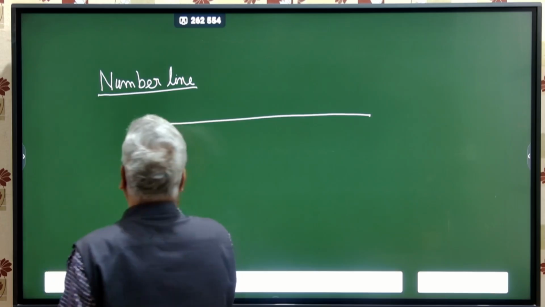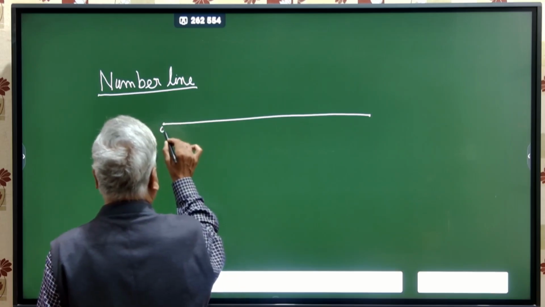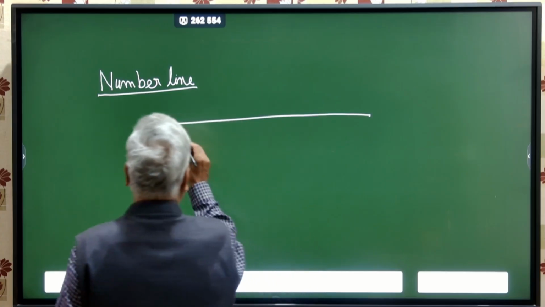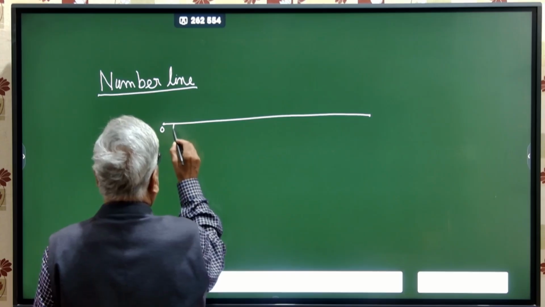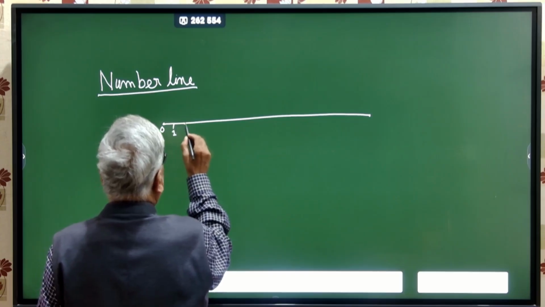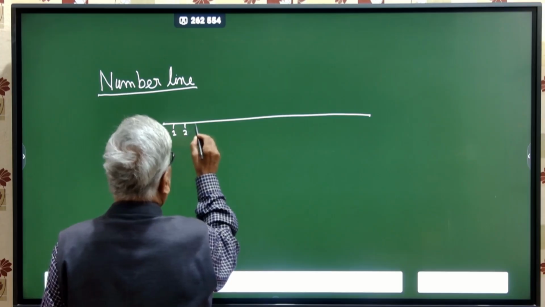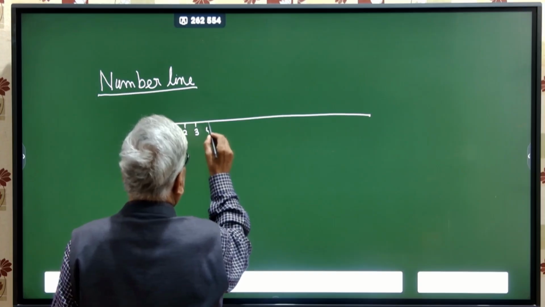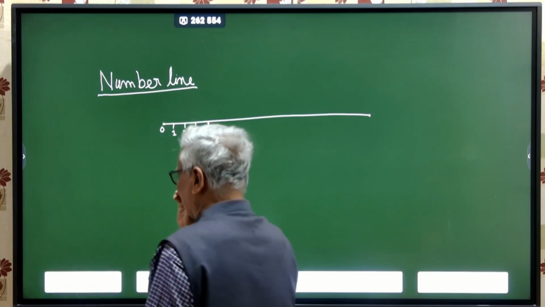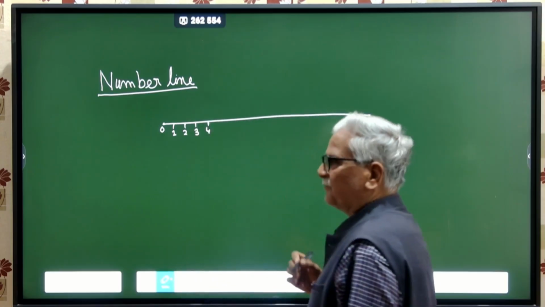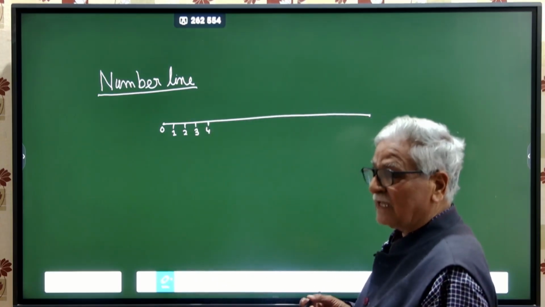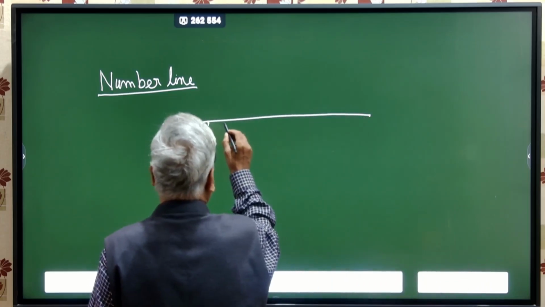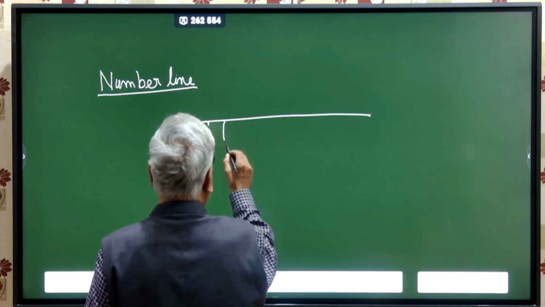0 means starting point. Then after 0, 1 comes, then 2, then 3, then 4. Here I am going to tell the students, when you write the 5, the line should be bigger, like this.